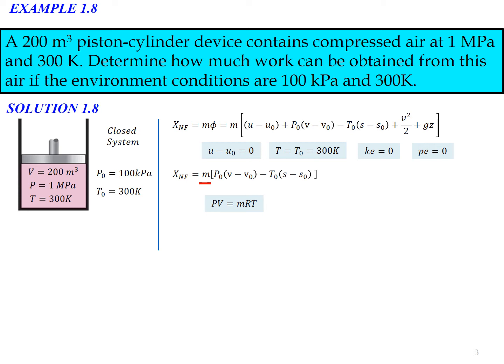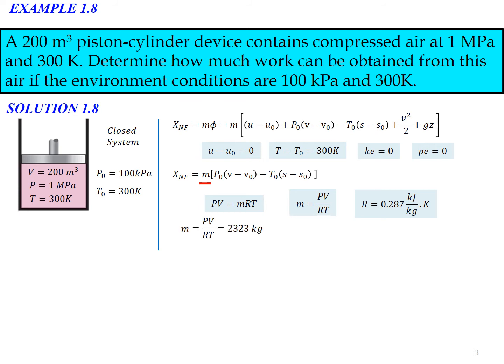So we can use whatever equation is used for ideal gas to determine the mass m. We can use the formula PV equal to mRT. Rearranging the equation, we get mass equal to PV divided by RT, where R, the gas constant for air, equal to 0.287 kilojoule per kg Kelvin. Normally the value will be given.